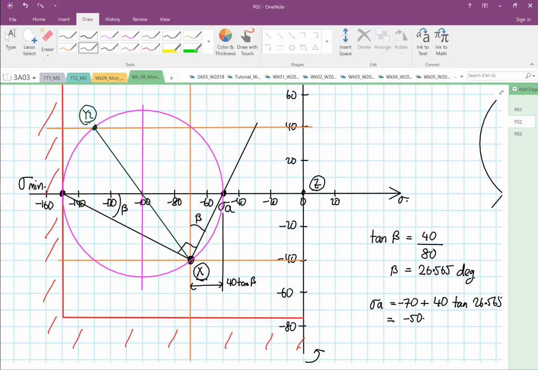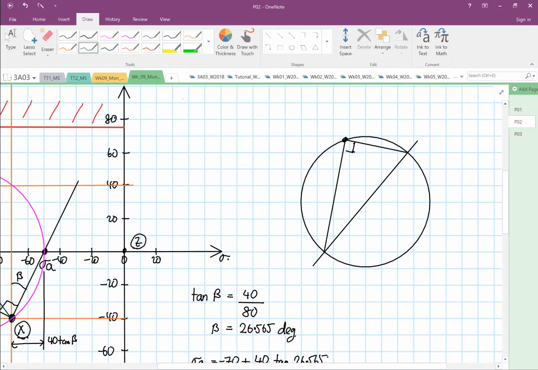Now you need to know, if there is beta, what this angle is over here and what this angle is over here. From here to here, this is beta. This angle over here is 2 beta. This angle is also equal to 2 beta. Why is that?